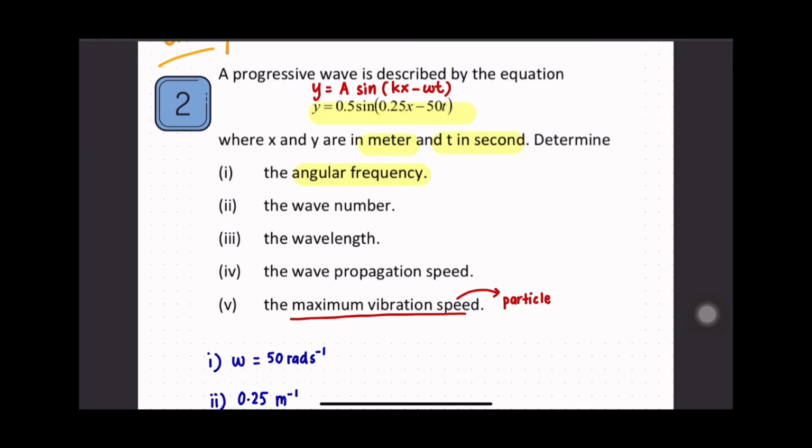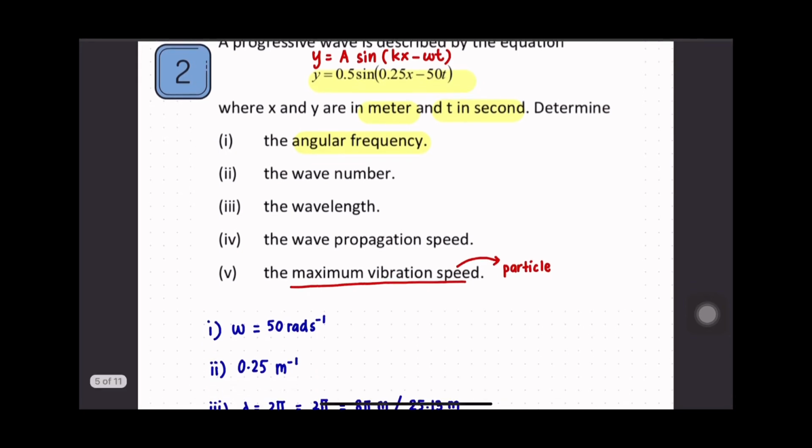You can compare the given equation with the general equation y equal to A sine kx minus omega t. It doesn't matter whether kx or omega comes first. The negative sign just shows the wave propagation direction. So angular frequency omega is 50 radian per second.